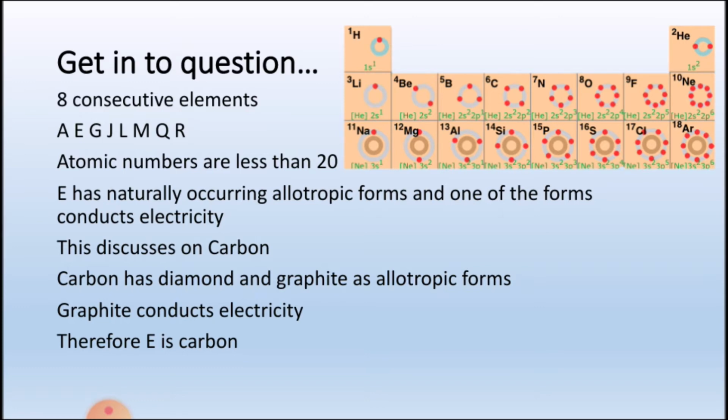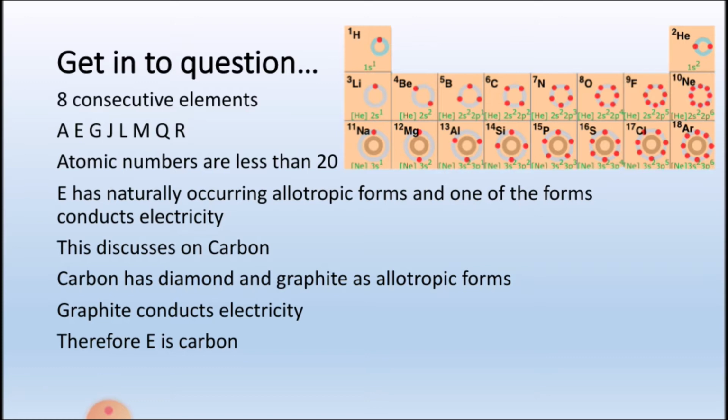From the first 20 elements, carbon has, as you know, many allotropic forms, but mainly diamond and graphite are the allotropic forms of carbon. And out of those two allotropic forms, graphite conducts electricity. Therefore E here is carbon.